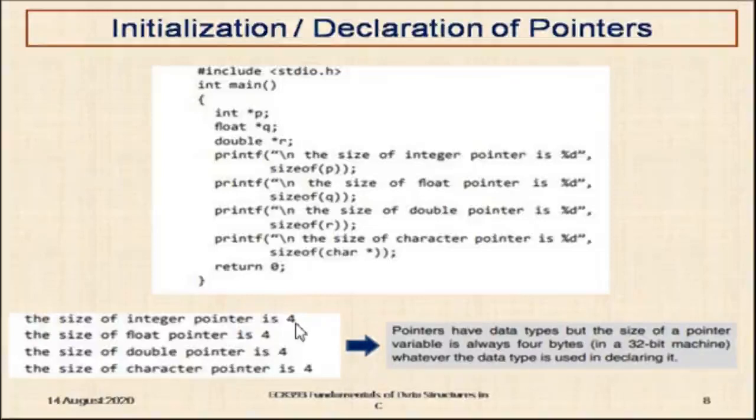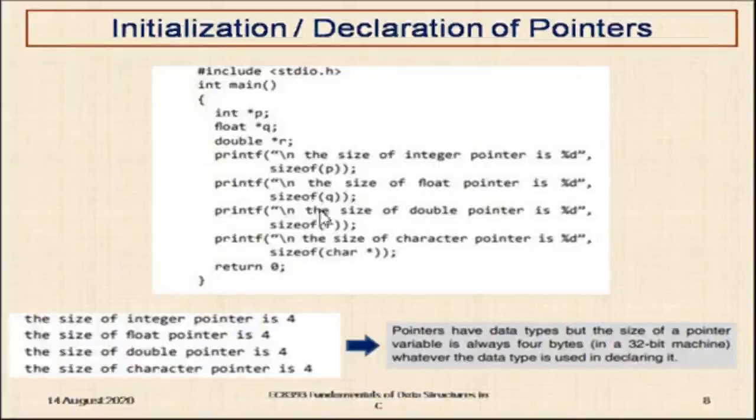This may be 4 or 2 depending upon the machine. If it is a 32-bit machine, it will be 4. If it is a 16-bit machine, it will be 2. Following? 4 bytes, 32 bits. Then the size of floating point pointer q, again it is 4.